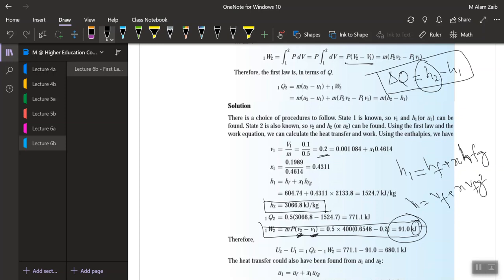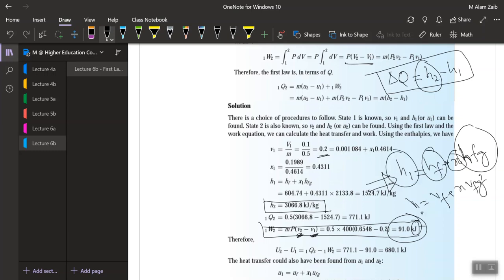So at 0.4 in our saturated table, we would find HF and HFG as well, but obviously we need X to find the value of H1.